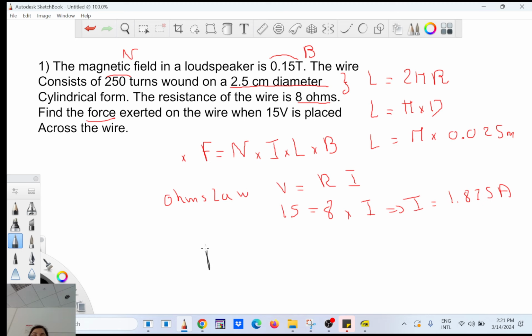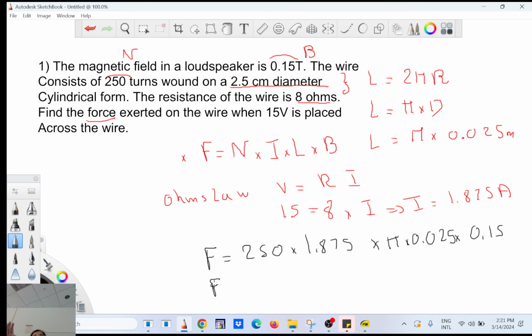Okay, so the force will be, the number of loops is 250 times the current is 1.875 times the length is 2 pi r. 2r is the diameter. So pi times 0.025 times 0.15 is the magnetic field.